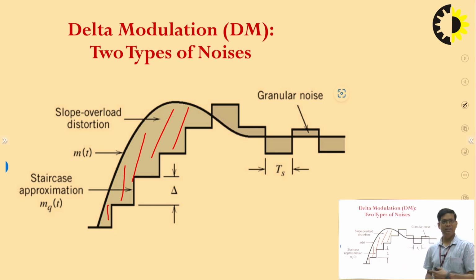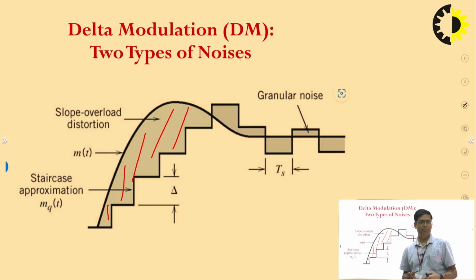This is the noise, the quantized noise we can say, and it should be minimum. If it is more, then our output will not be matching the input. So it is a distortion.